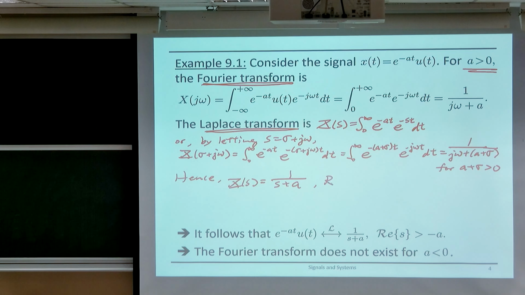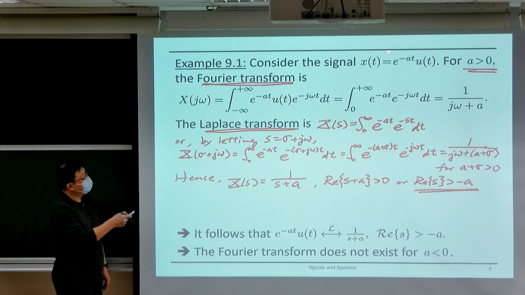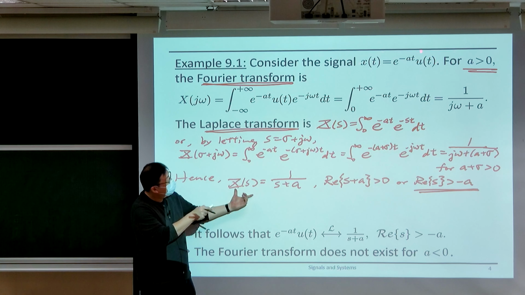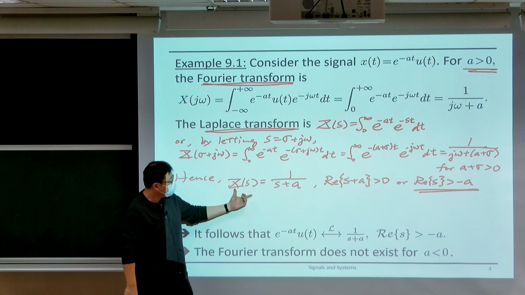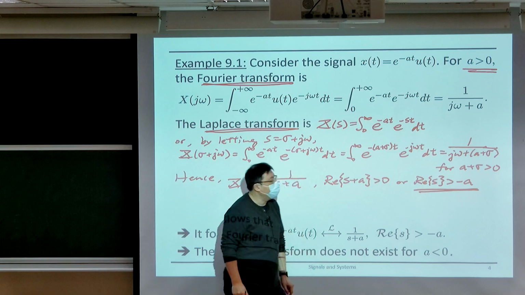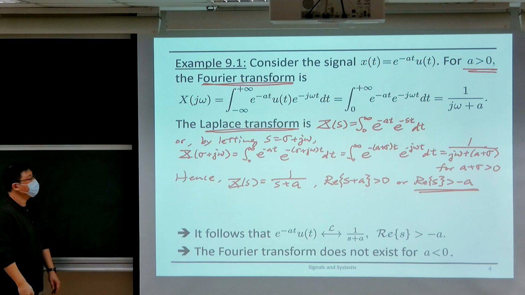And this holds only if the real part of s plus a is greater than 0, or if the real part of s is greater than minus a, since a is already real by the premise of the problem. So the Laplace transform of this decaying exponential is 1 over s plus a when the real part of s is greater than minus a.